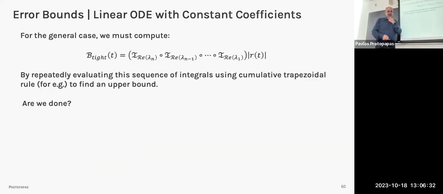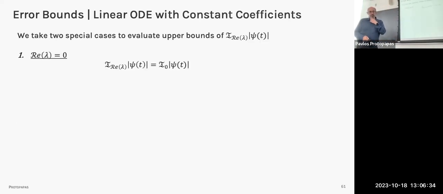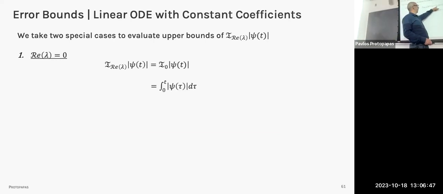Okay, so we're going to split into two cases. If the real value of lambda is 0, that means we only have oscillations. Then I have the I0 here, and I get this integral. Well, psi is the R in my case. So in this case, I'm going to get the maximum times the range, right?